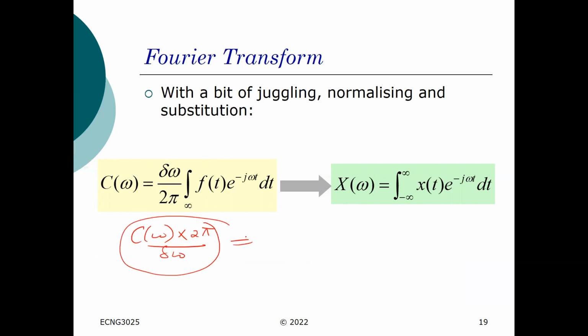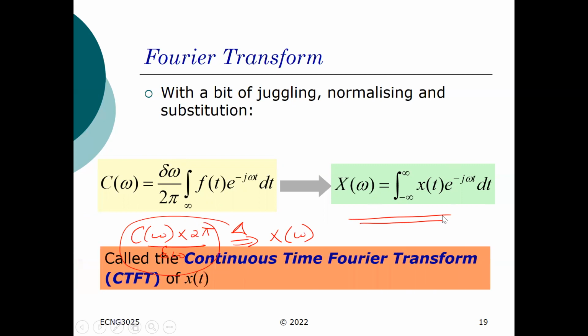We call this now X of omega. So this was a definition here. We defined that little thing as X of omega. We got this into a form looking like this. And this was what we call the continuous time Fourier transform of a signal.